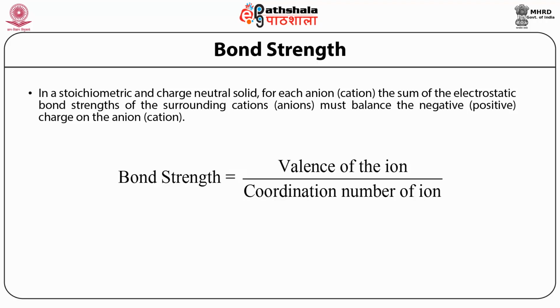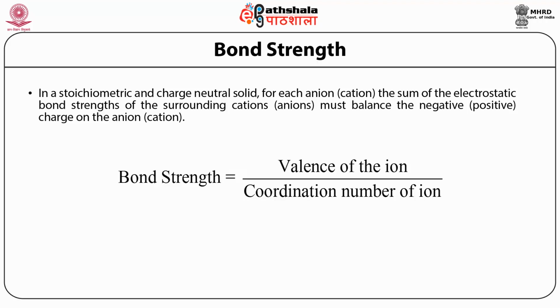That is, the bond strength is given as the valence of the ion divided by the coordination number of the ion. In a stoichiometric and charge neutral solid, the bond strengths of cation must be equal to that of anion.